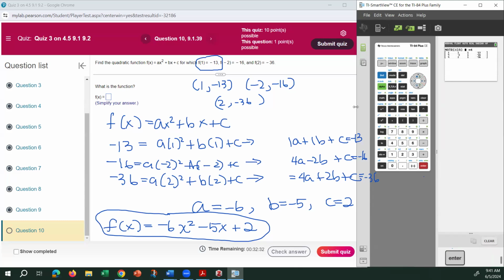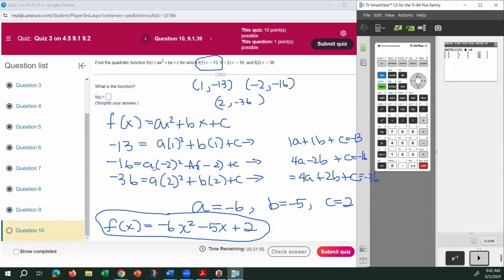So we have 1, 1, -13, 4, -2, -16, 4, 2, 1, -36. -13 is equal to A times 1 squared plus B1 plus C. So this is good. 1A plus 1B plus C equals -13.